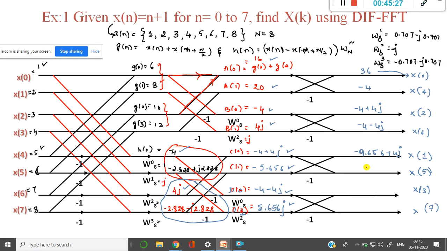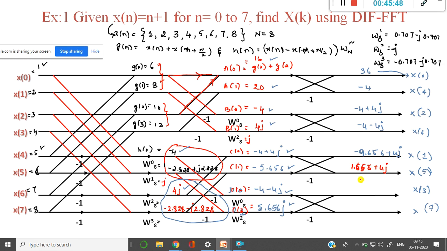Abhay Bhatt, are you there? Prajakta: Yes, sir. x of 5 value 1.656, plus 4j.